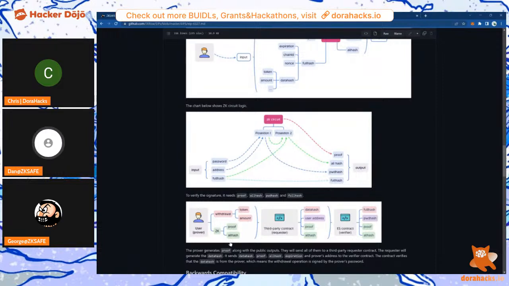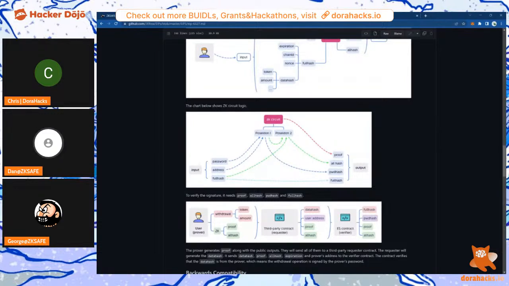The proof and the O hash are submitted to the third party contract, like the DeFi app. The DeFi app uses this hash information to talk to our elastic signature contract, and the verifier verifies the proof, proving the computation is done right.